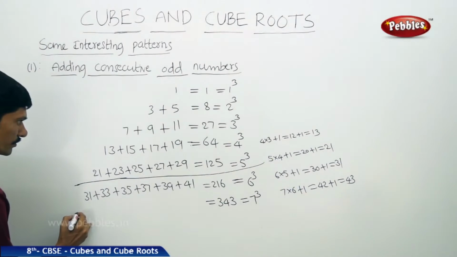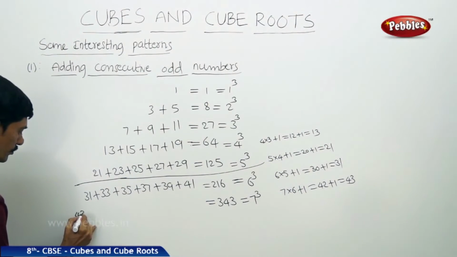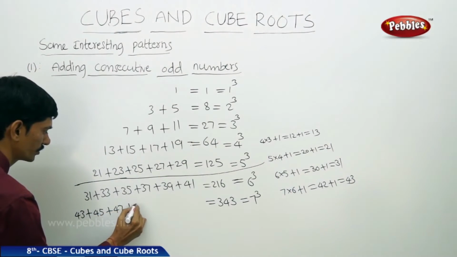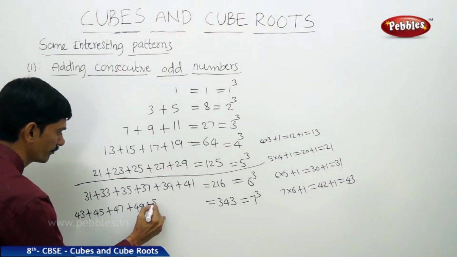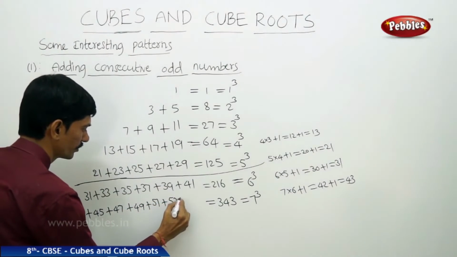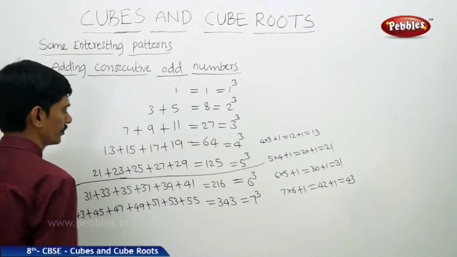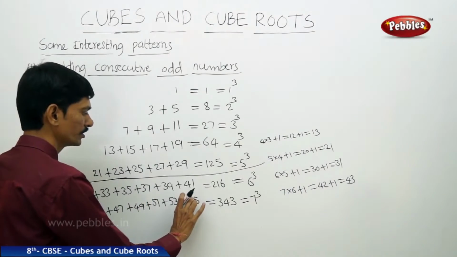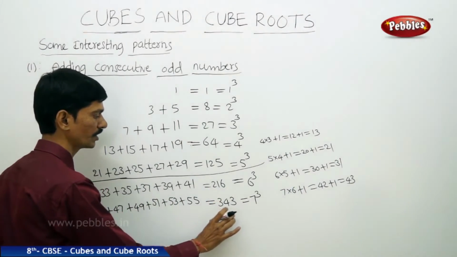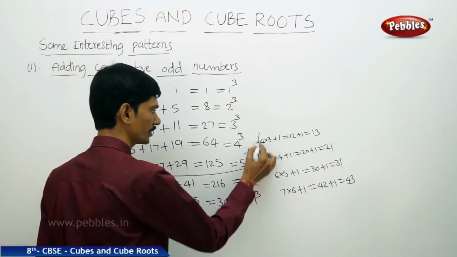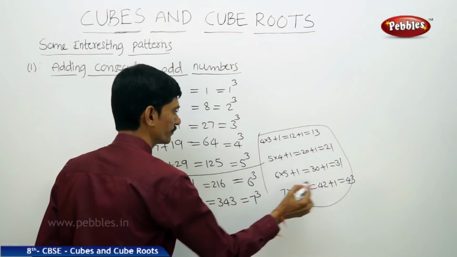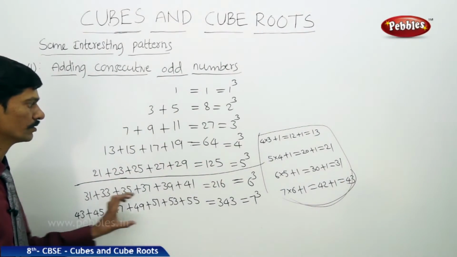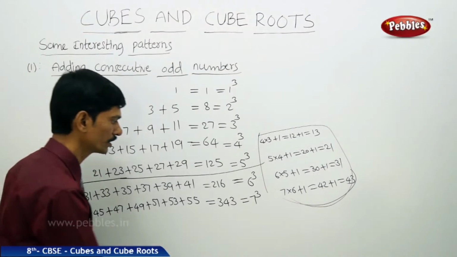So we can write 43 plus 45 plus 47 plus 49 plus 51 plus 53 plus 55. So this is the sum of 7 consecutive odd numbers, which equals 343, and this can be written as 7 cube. So using this pattern, we can write the cube of any natural number as the sum of consecutive odd numbers.